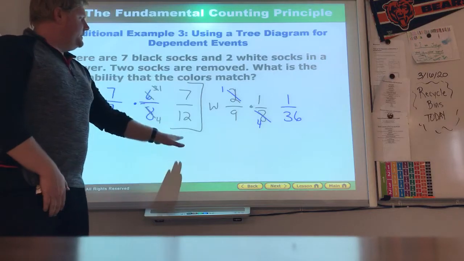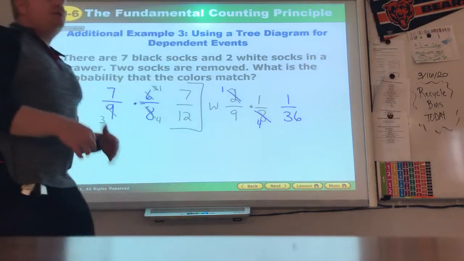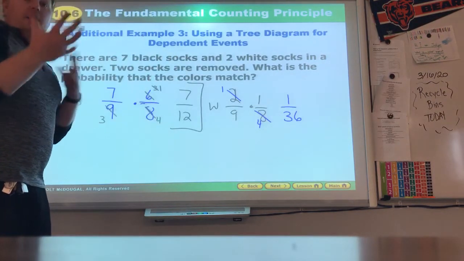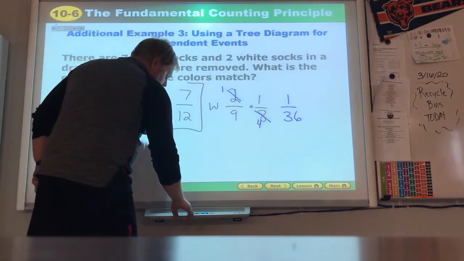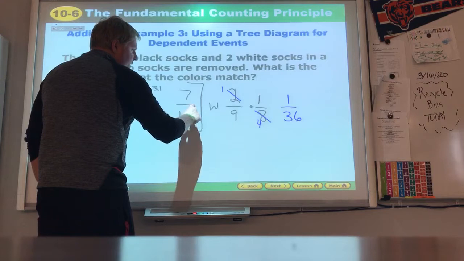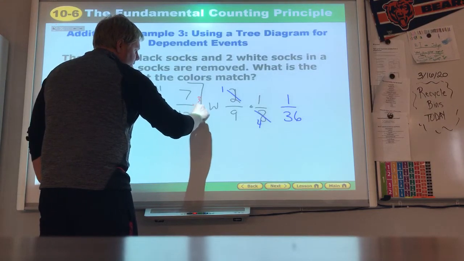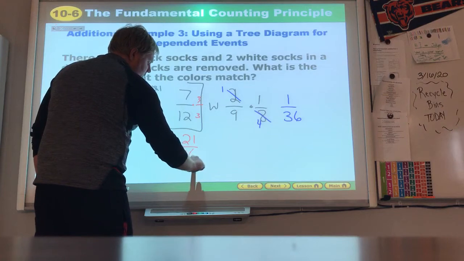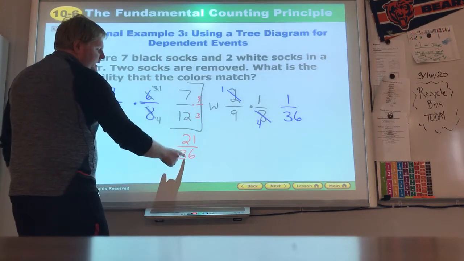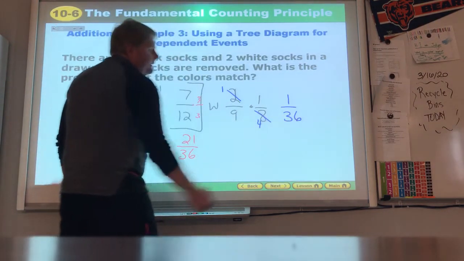So I have a chance of getting this, a chance of getting that, but it wants to know the chance of either or happening. Since either or can happen, we have to add them. So I'm going to multiply this by 3 over 3, 21 over 36. Do you see that now has the same denominator as that?